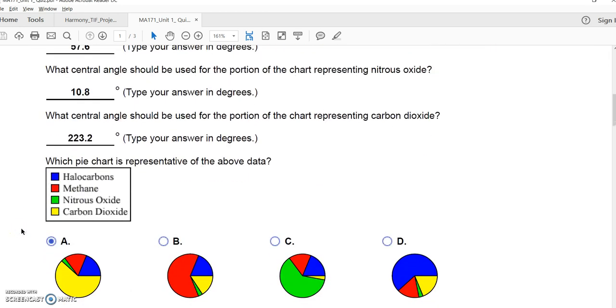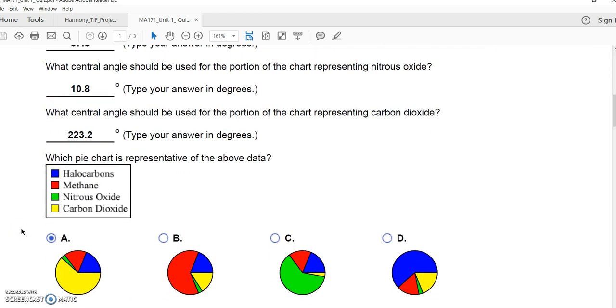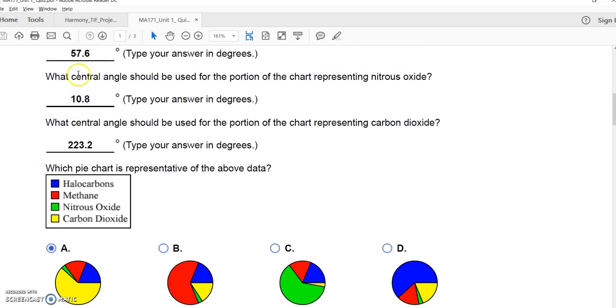And then which pie chart represents this data? By looking at the corresponding angles, it's obvious that carbon dioxide has the largest amount, more than 200 degrees, which should take up more than half the pie.